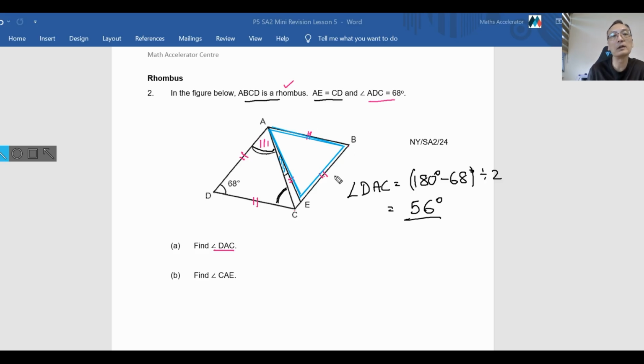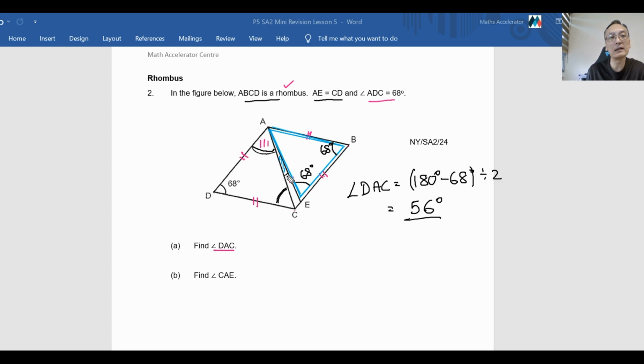And in this smaller triangle, the first thing we notice is we are able to identify this part, because one of the properties of rhombus is opposite angles are equal. So if this part is 68, here will also be 68 degrees, right? And since this is an isosceles triangle with these two equal sides, then we know that this angle is also 68 degrees because they are identical angles in an isosceles triangle.